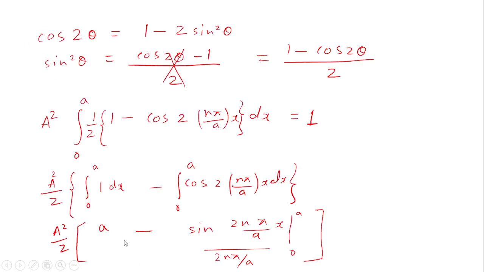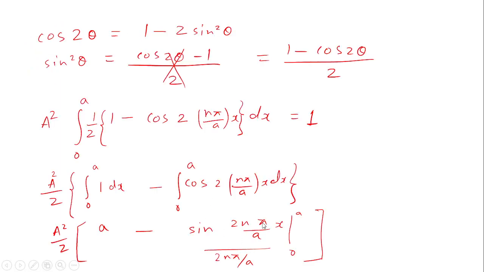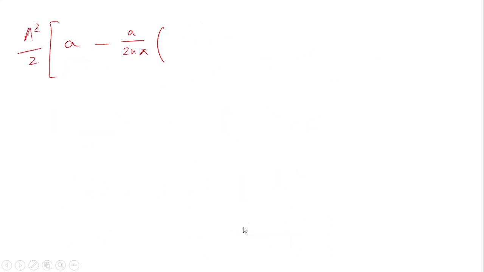When we further solve this, we'll get a square by 2, and a is there, right, then I can take it at the front and it will become a over 2n pi. There is a minus sign, and this is a over 2n pi. And here when I put a, then a will be cancelled, so here sine 2n pi by a, and I have x, right?